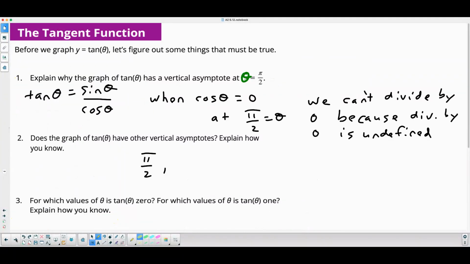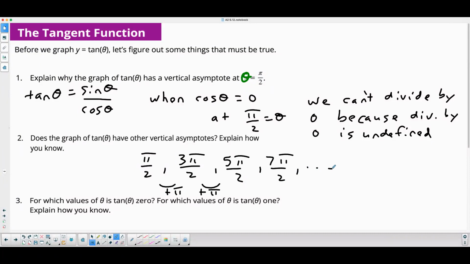So these are equally spaced. If I keep adding pi, my graph's going to go on forever. There are other asymptotes in both directions. This way I'd have to subtract pi, and so forth. So obviously there are many other asymptotes because it's periodic and it's going to go on forever.